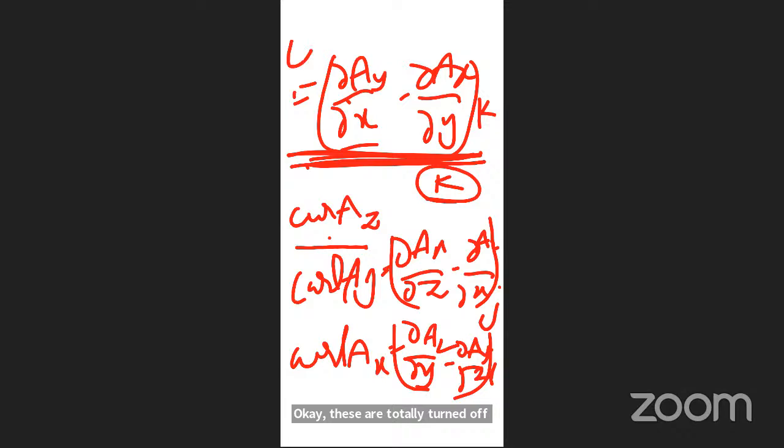So the curl of a vector has x-axis, y-axis and z-axis components, and these are added with the i term, j term and k term.